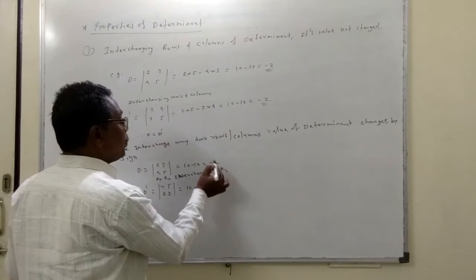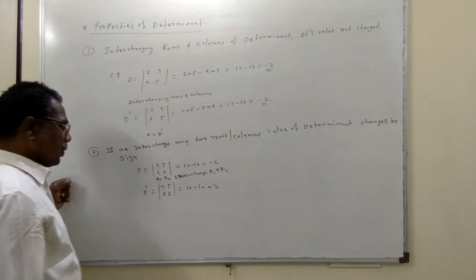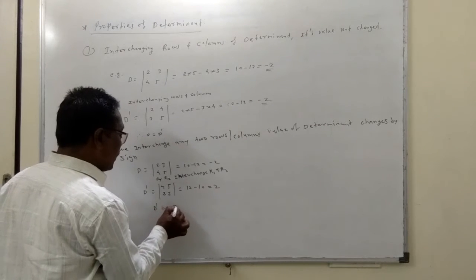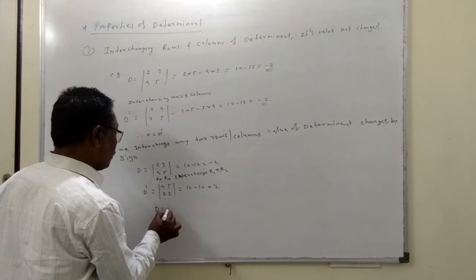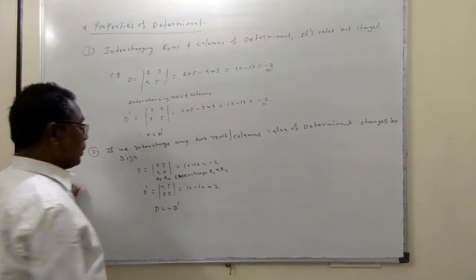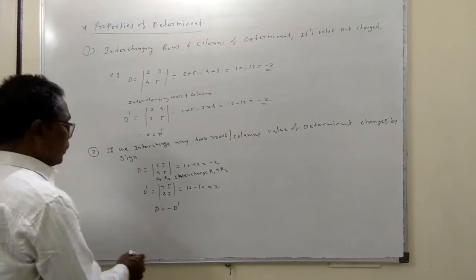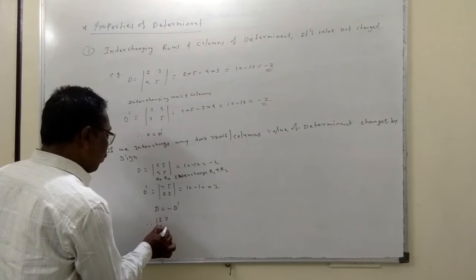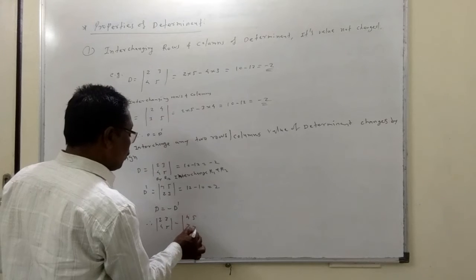Here the value was negative, but if you interchange any two rows, the value comes positive. So D dash is equal to minus D, or D is equal to minus D dash. Therefore, determinant 2, 3, 4, 5 we can write as minus determinant 4, 5, 2, 3.